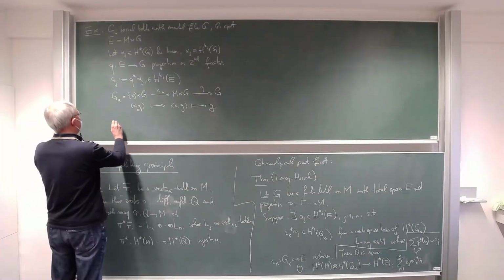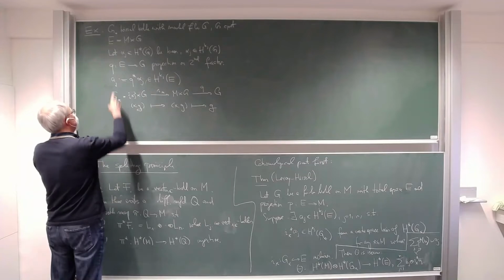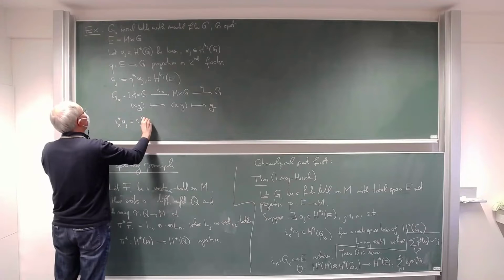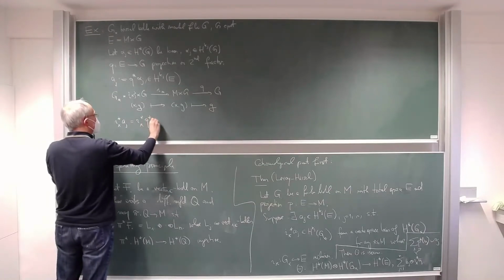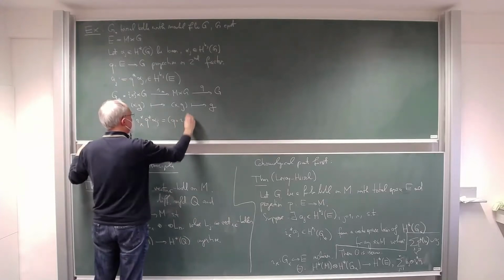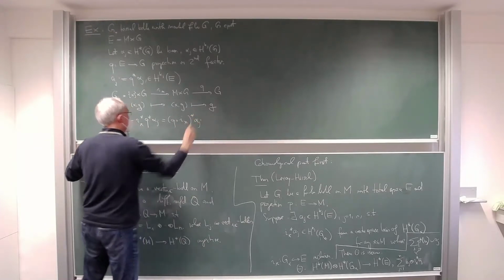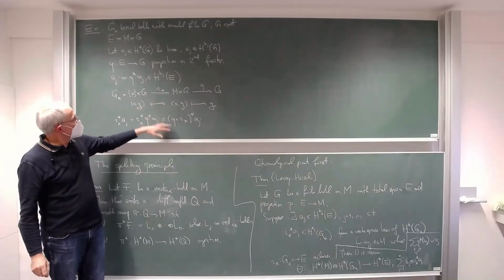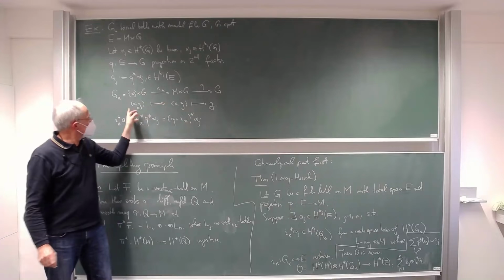If I now apply this to my AJ, which is nothing but Q star of alpha J, this is the same thing as Q composed with iota x, star, alpha J, and we see that the basis of G gets mapped by this diffeomorphism to a basis of Gx.